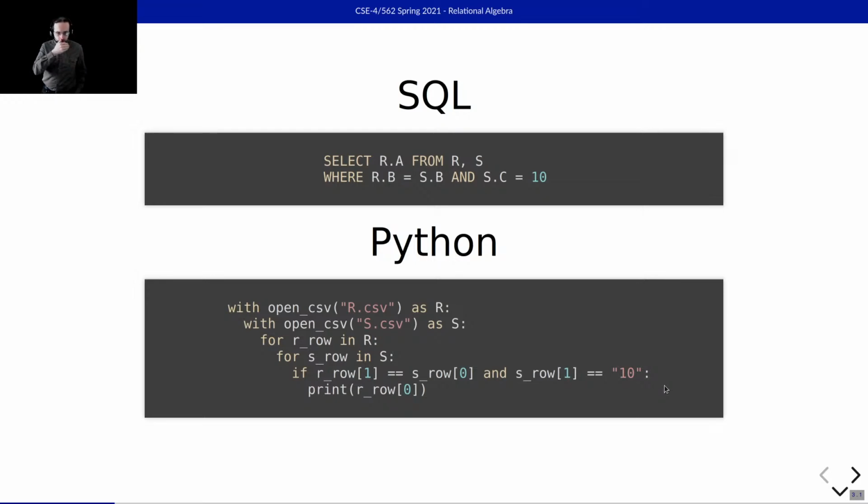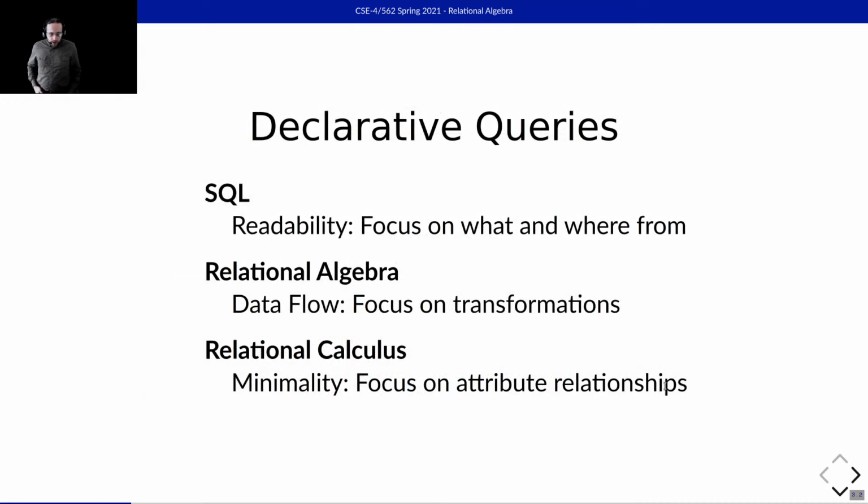So the Python code is specifically referring to CSV files. And all of that is abstracted away in the SQL. I don't really need to think about how the data is stored or laid out, because all I'm specifying is what I want, and then the system can figure out how to achieve that goal.